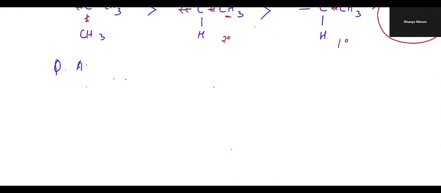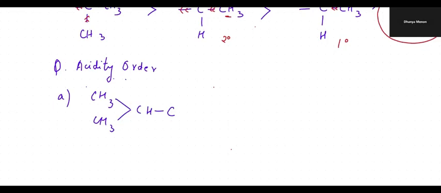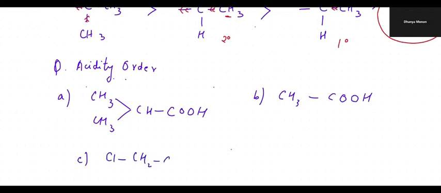A is COOH, B is CH3 COOH, and C is Cl CH2 COOH.